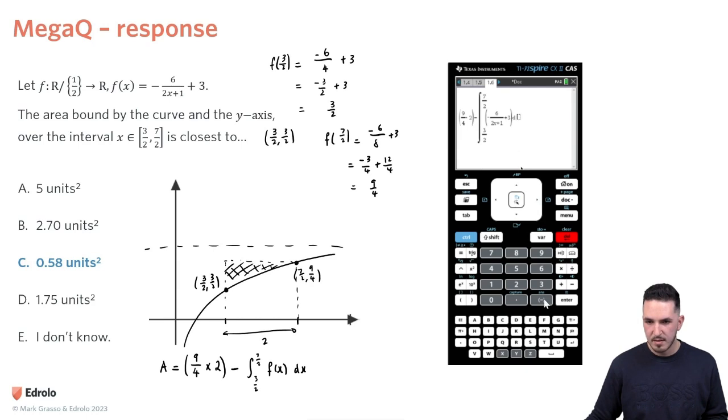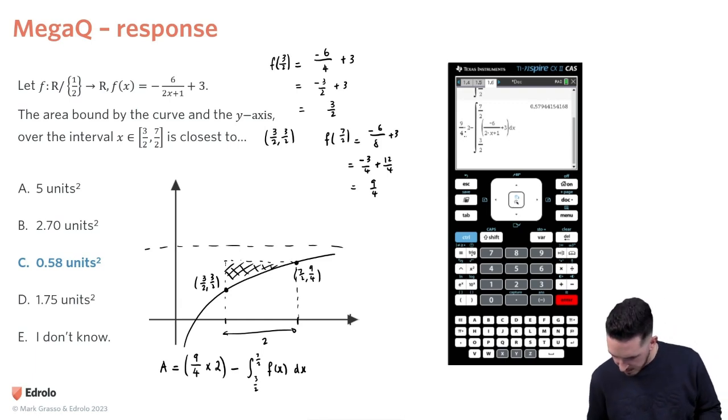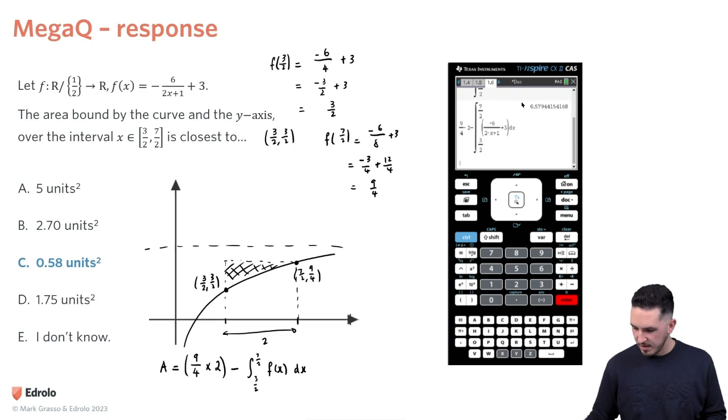So dx, where's my x? There it is. We now press enter. Again, you'll notice potentially you'll get an answer in exact values. So just press Control Enter to get that in that form. 0.579, so that rounds to 0.58 units squared, and again, the answer is C.